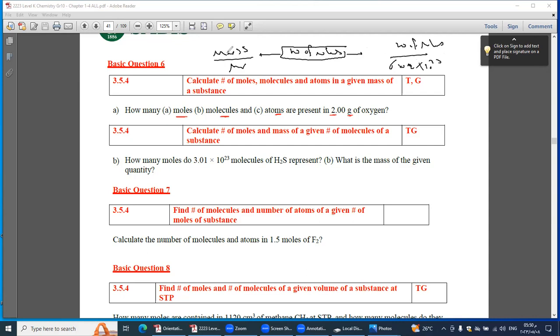So we have mass over molar mass to get moles, multiplied by Avogadro's number to get molecules, multiplied by the number of atoms to get atoms. Try to make it now. So 2 over oxygen, O2.